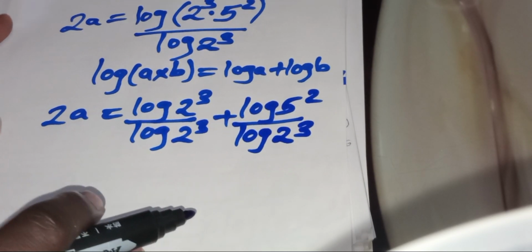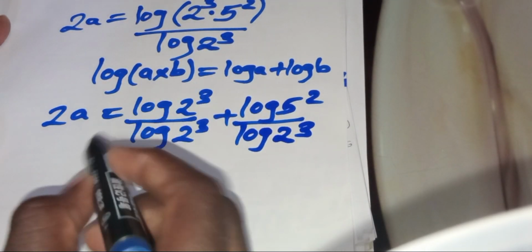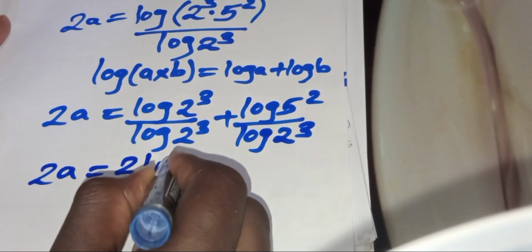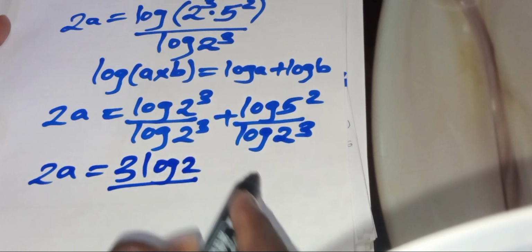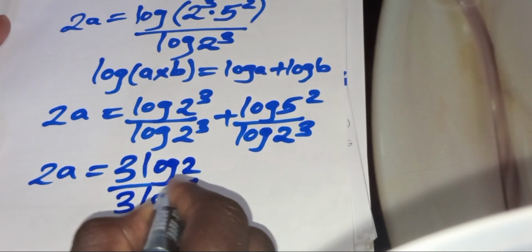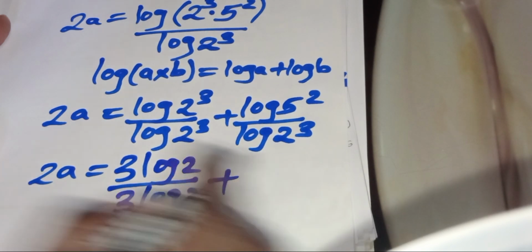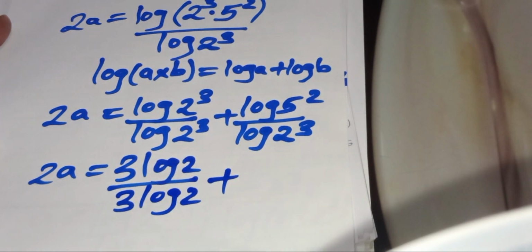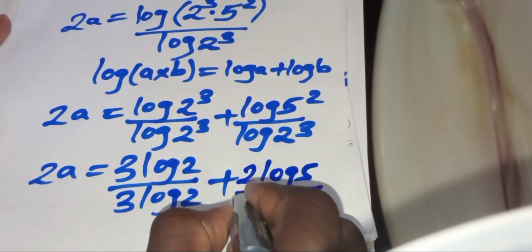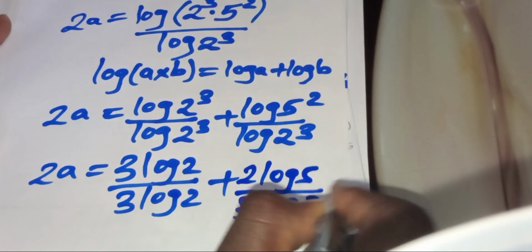Now, applying the power rule here, log 2 to the power 3 becomes 3 log 2, divided by log 2 to the power 3, which again becomes 3 log 2, plus log 5 to the power 2, which by the power rule becomes 2 log 5, divided by 3 log 2.